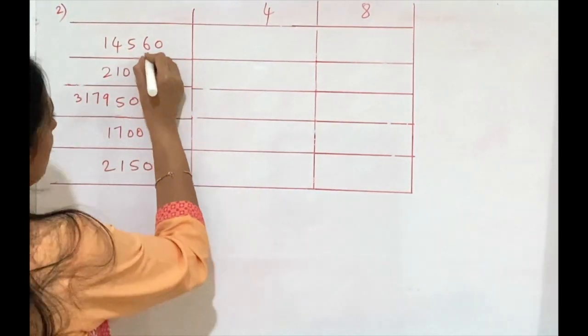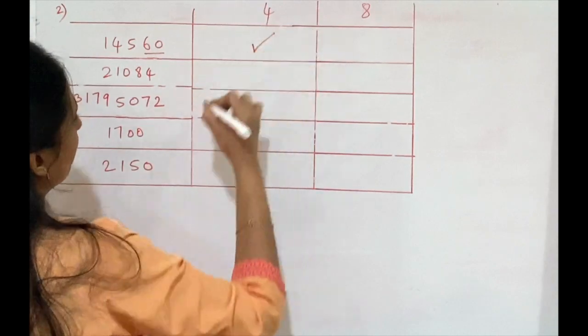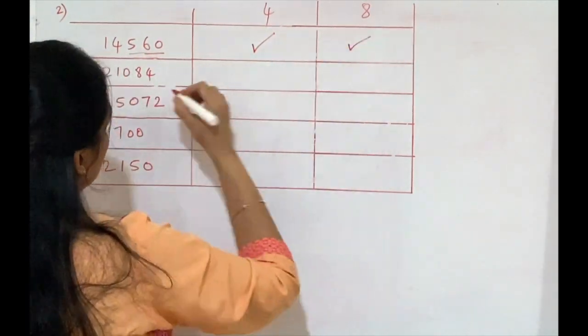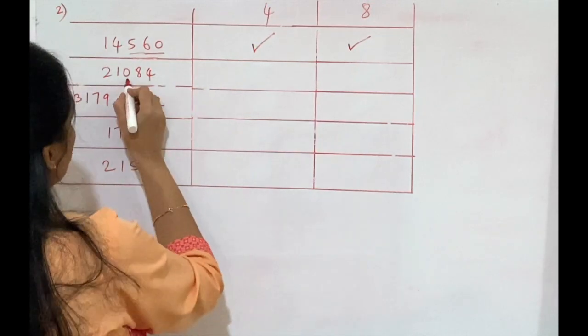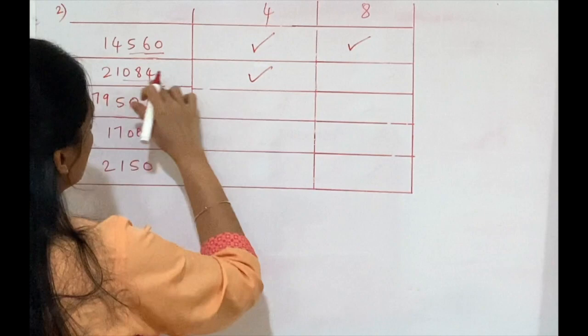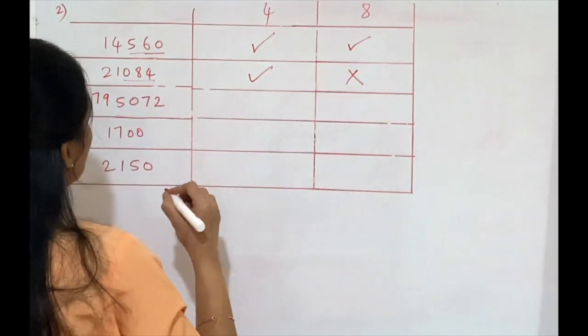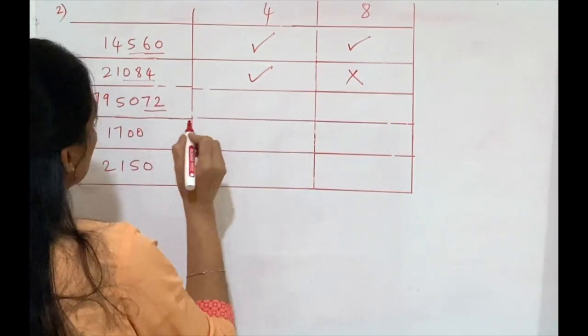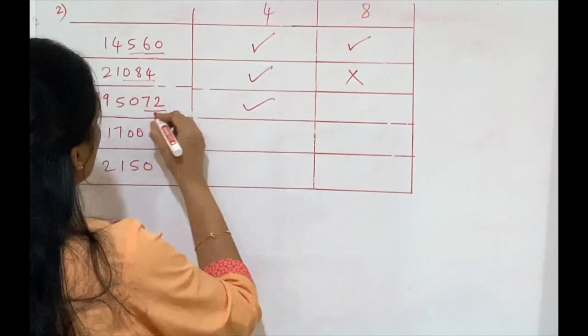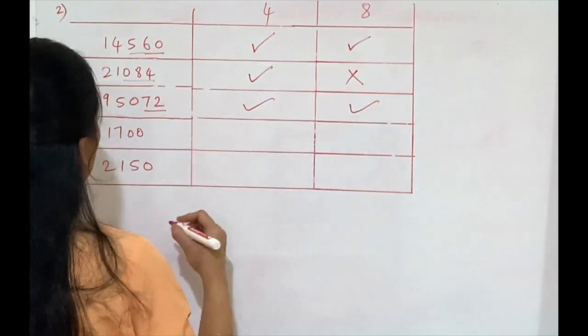Look at the last two digits. 60 is divisible by 4. 560 is divisible by 8. 56 comes in the 8 table. What about 084? 84 is divisible by 4. 084 is not divisible by 8. 72 is divisible by 4, yes. 072 is divisible by 8.